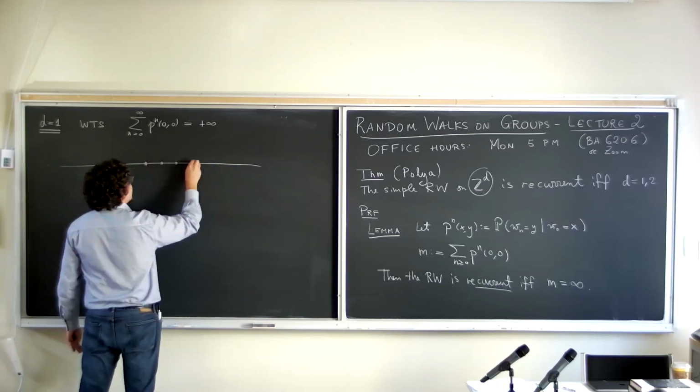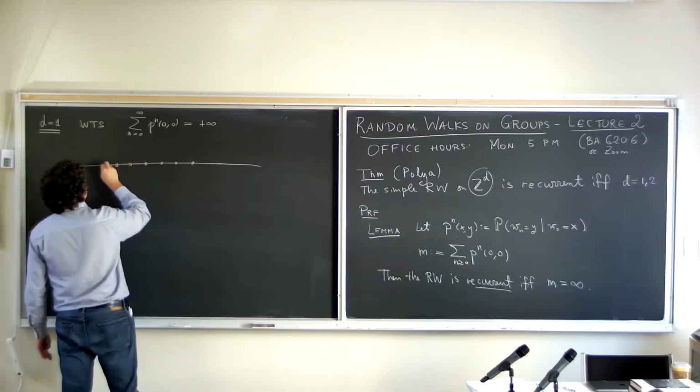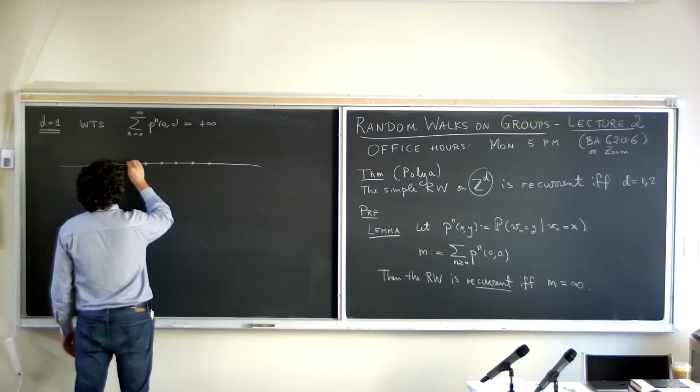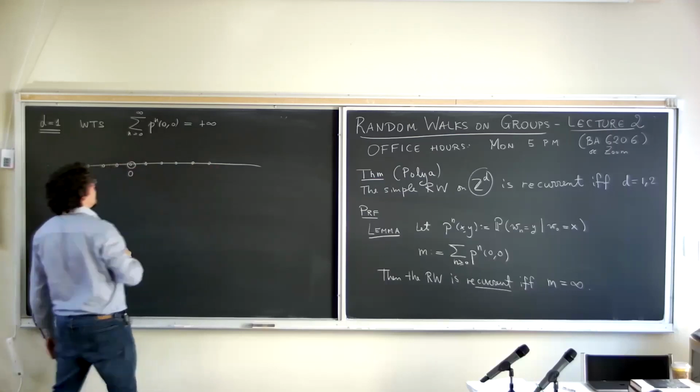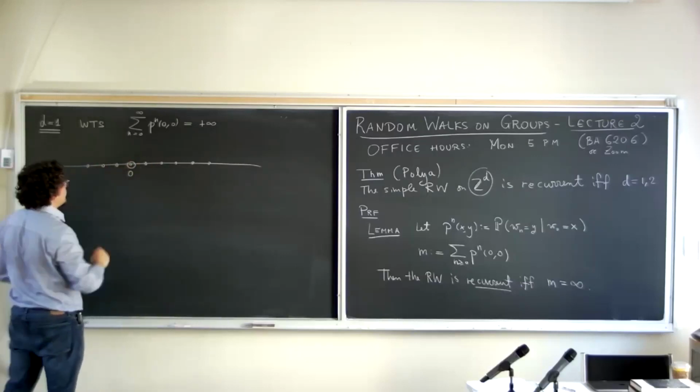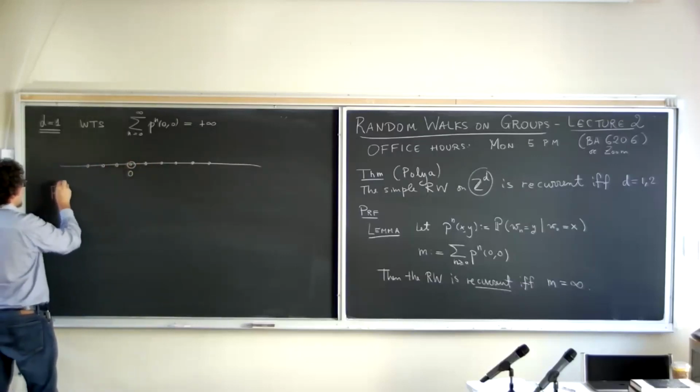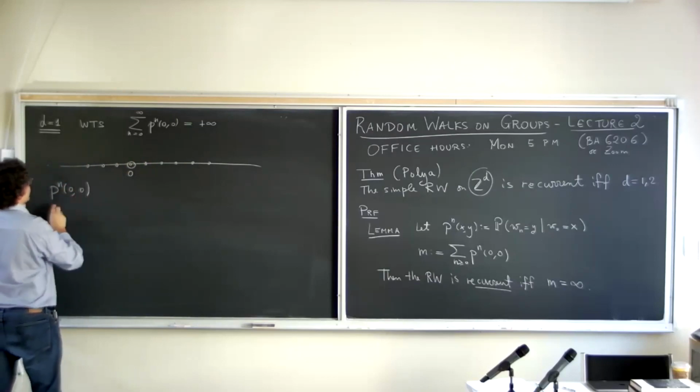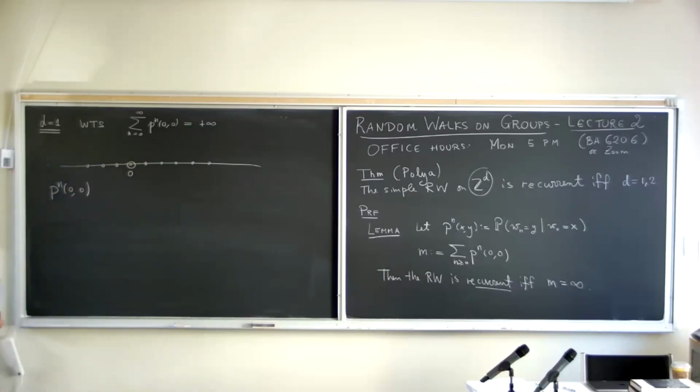We can do a little bit of combinatorics. In one dimension, it's fairly easy combinatorics. So again, it's simple random walk. So we go right or left with probability 1/2. So what's the probability that you're coming back to 0 after n steps? Can we write a combinatorial formula for that?